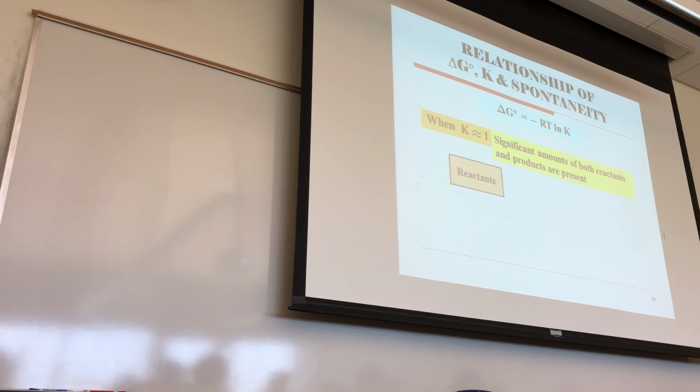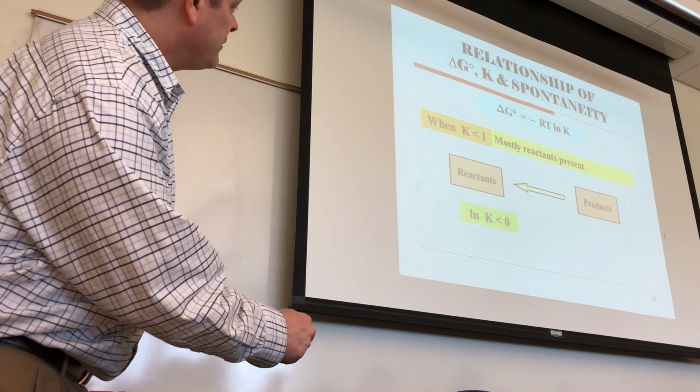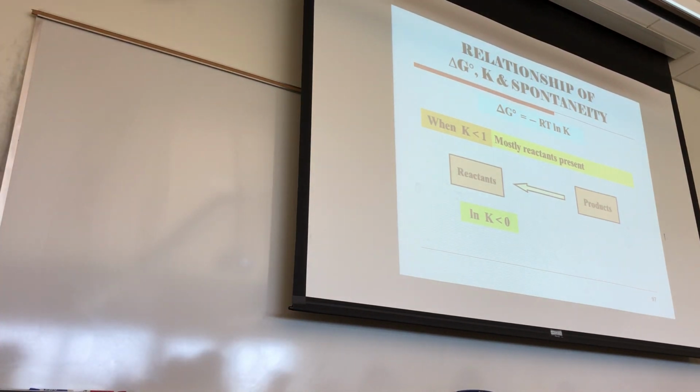Same thing here, except now when K is equal to 1, approximately, you have essentially an equilibrium, because delta G now is about 0. And lastly, you have the reverse. When K is less than 1, log of K is less than 0, and therefore delta G is greater than 0.